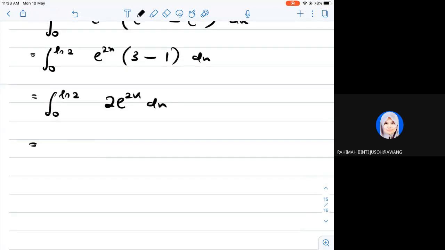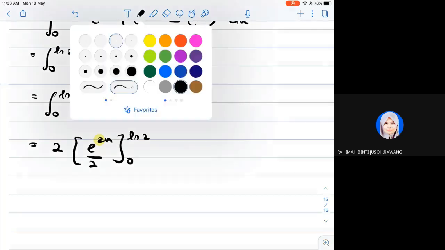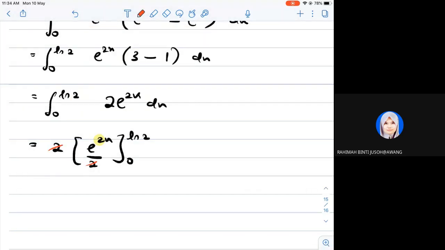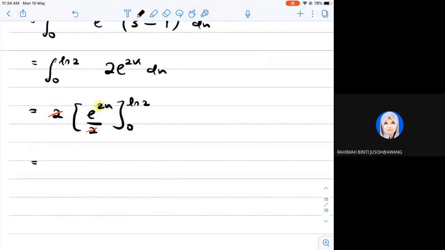So bila integrate terhadap x dengan gembiranya 2 ni duduk kat luar. Exponent 2x tu, 2 ni bawa ke mana? Macam saya explain tadi. Bawa ke bawah. So substitute 0 and ln 2. So these two can be cancelled. So now you will have exponent 2 ln 2 minus exponent 0.